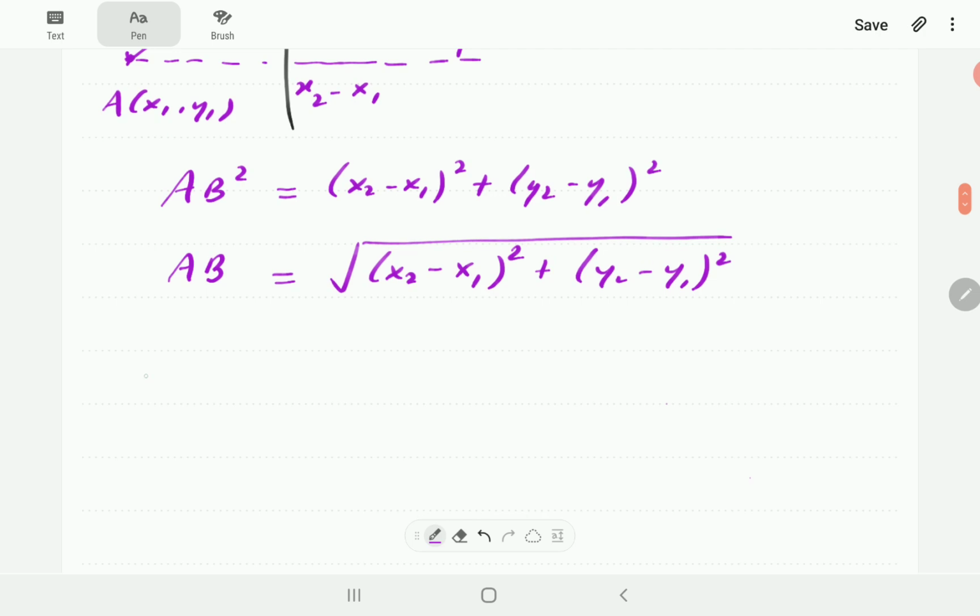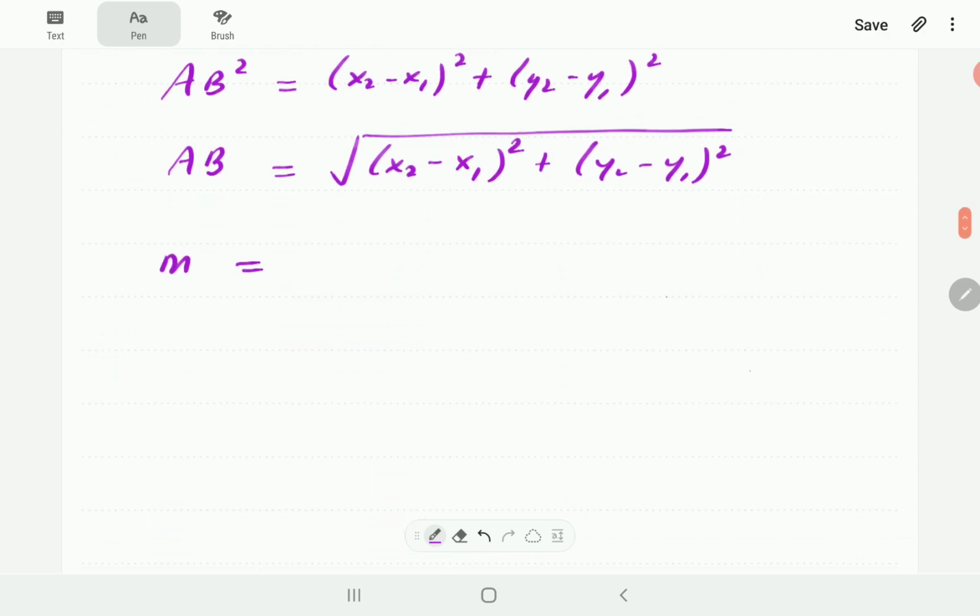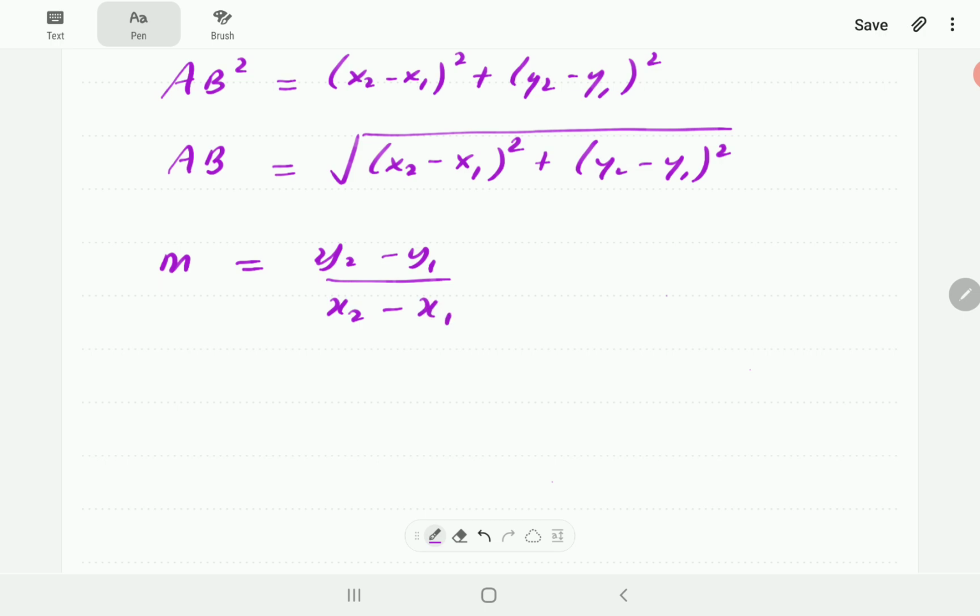And then the gradient of the straight line segment from A to B is going to be the difference in y, y2 minus y1, over the difference in x.